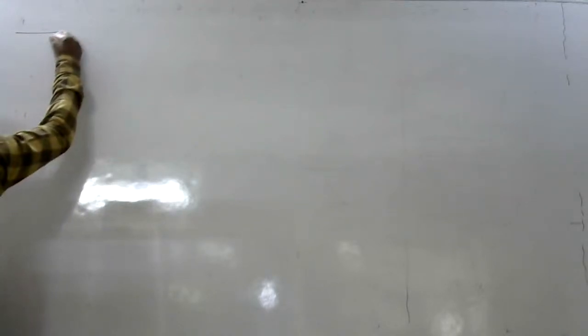If two blocks, one is on a horizontal surface and another one is suspended by a pulley, for example, we consider a diagram.